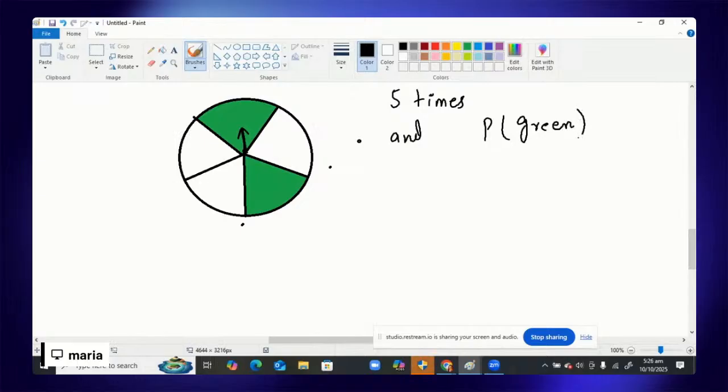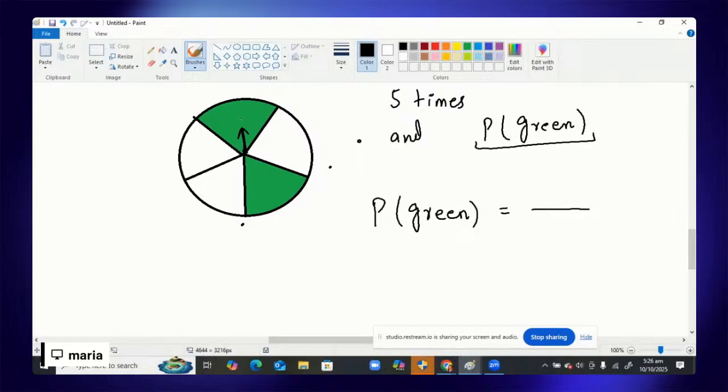So first of all, what we do, we are just finding it this way. Probability of green. Tell me everyone, what is the probability of green color? How many colors total and how many are green? First of all, tell me the total, then write the answer for the green.